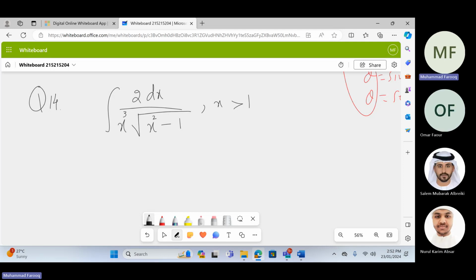Cosine square. 1 over secant square is cosine square. Now integrate, it's correct. Yes, integrate now.